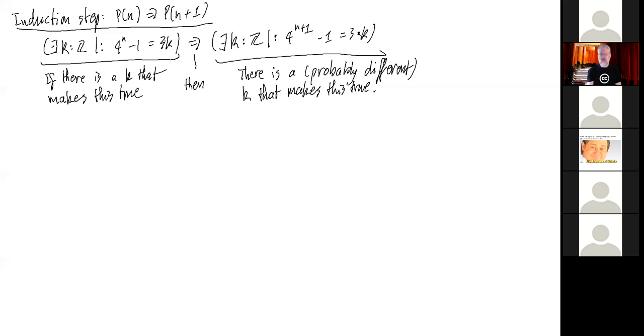Like if I had a little machine where k for P of n goes into my machine, and out came k for P of n plus 1.